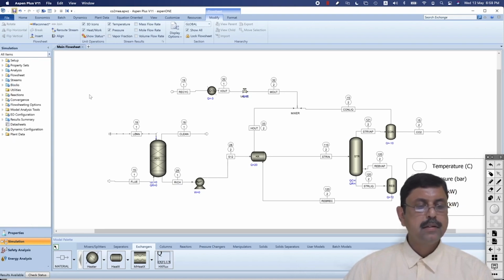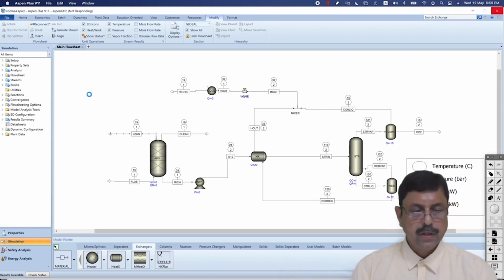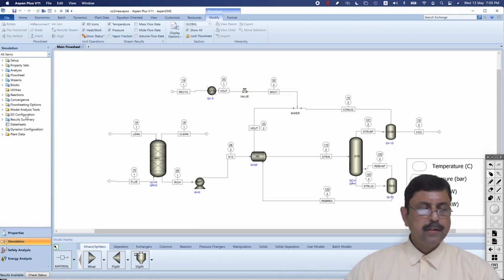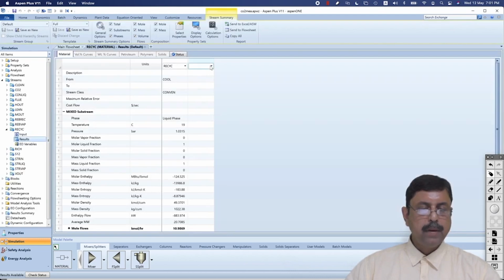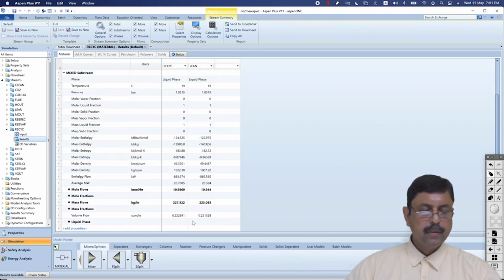So save it, and we have come to the last portion of our task, that we have to recycle it. Okay. Before that, let us see the results of recycle and compare with the original lean stream. Now the temperature and pressure are same. The molar enthalpy, mass enthalpy, molar entropy, mass entropy, the densities, everything are comparable. The molar flow rates are also comparable.